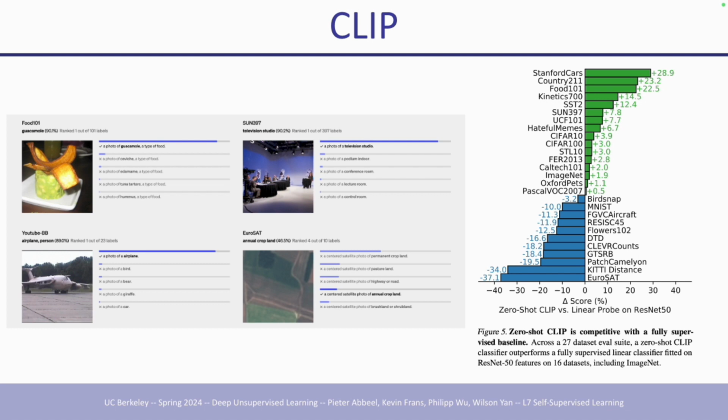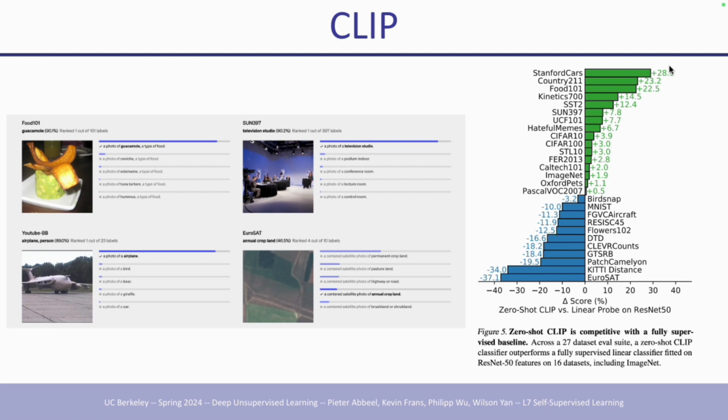So this gives you really impressive, at the time, zero-shot capabilities for classification. They tested it on a wide variety of different classification tasks. On the right here is zero-shot CLIP compared to a fully supervised linear baseline.